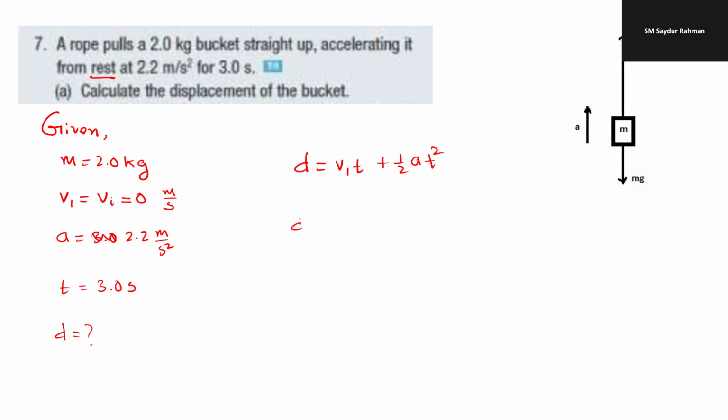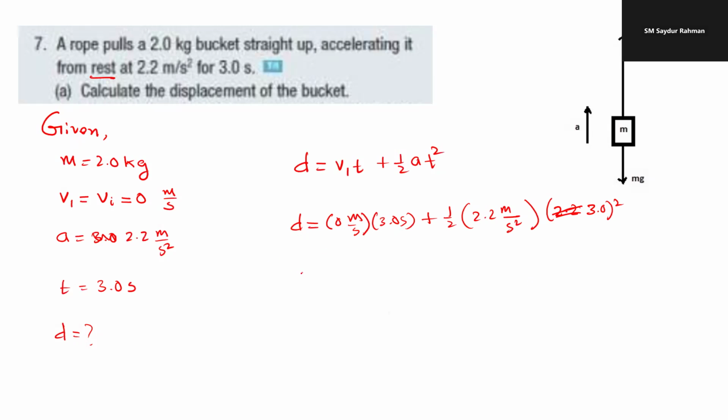So d is equal to 0 meter per second times 3.0 second plus half times 2.2 meter per second square times 3.0 second square.